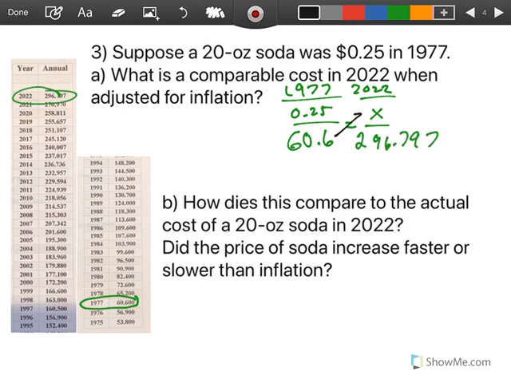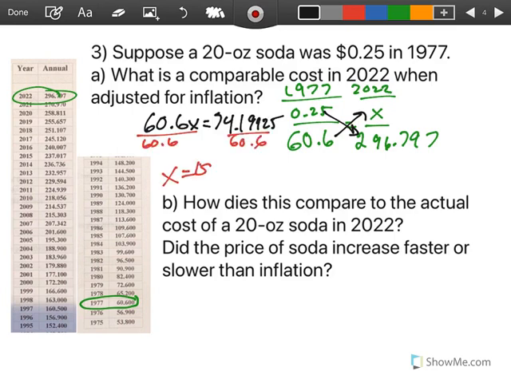And we cross multiply. So 60.6x equals, cross multiply, looks like 74.19925. Divide both sides by 60.6 to get X by itself. And I end up with roughly $1.22. So a 20-ounce soda should be roughly $1.22 in 2022.